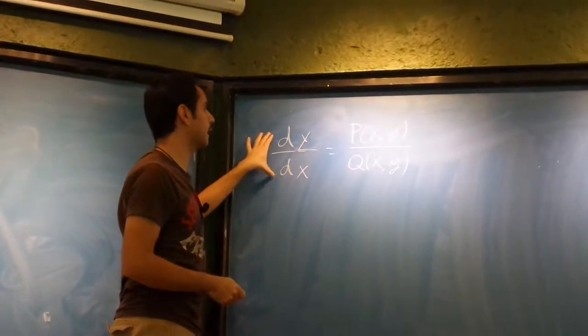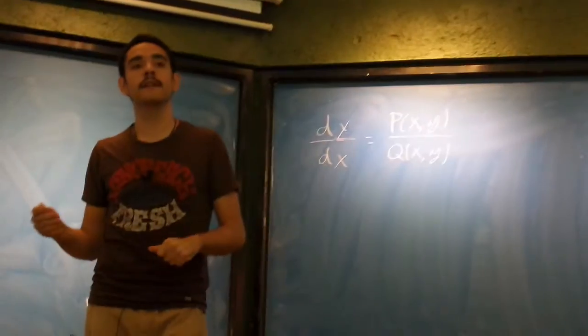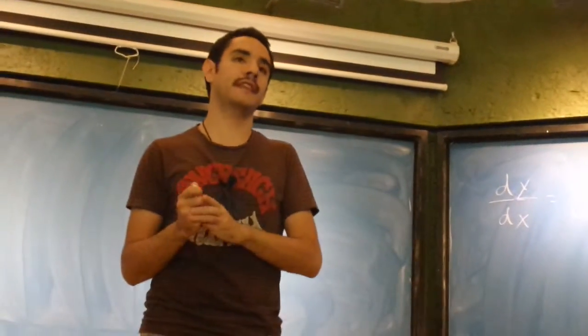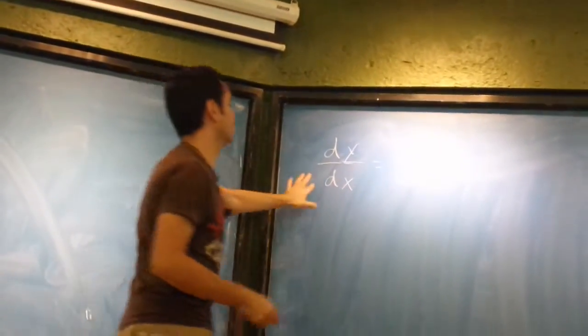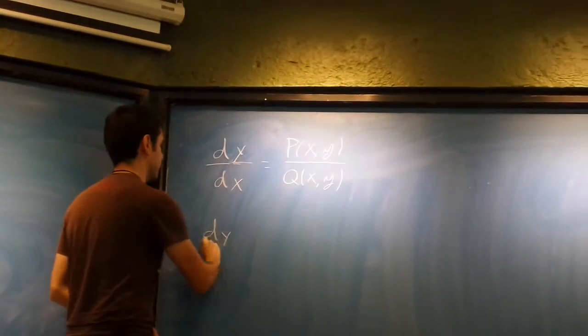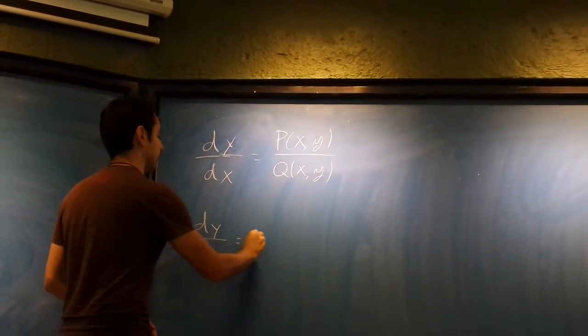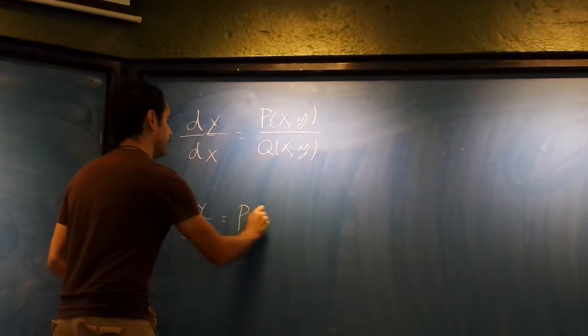Another way in which we can view the same foliation, but given by differential equations in a different way, is to get a system of differential equations dy/dt equals P(x,y).